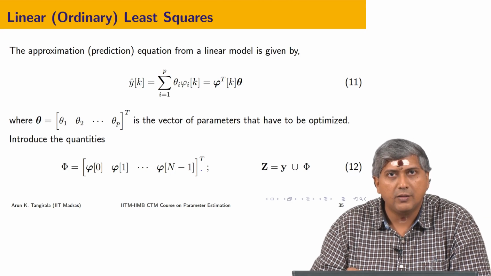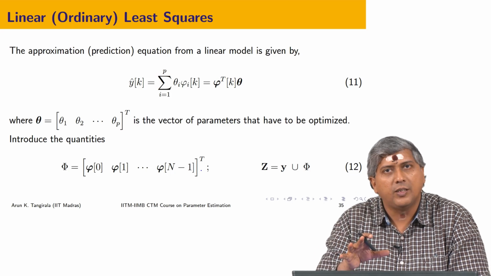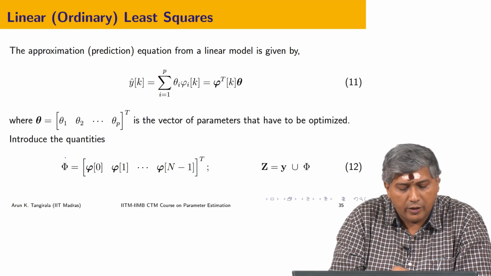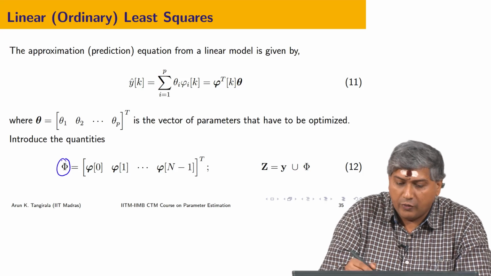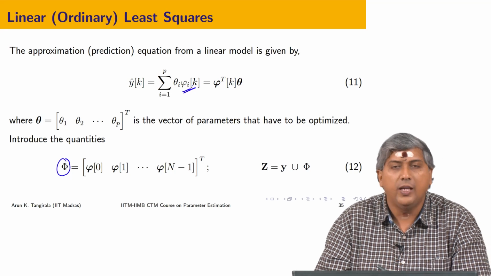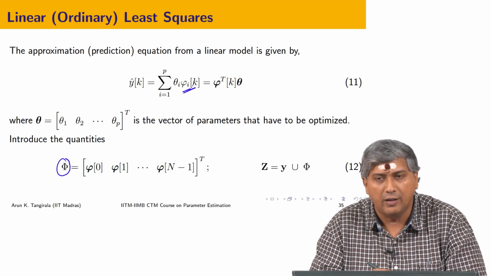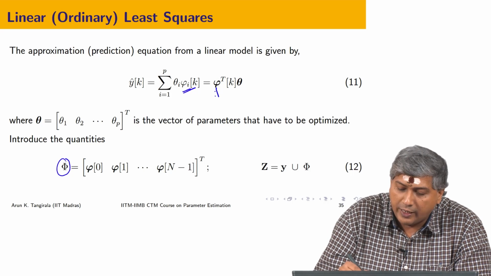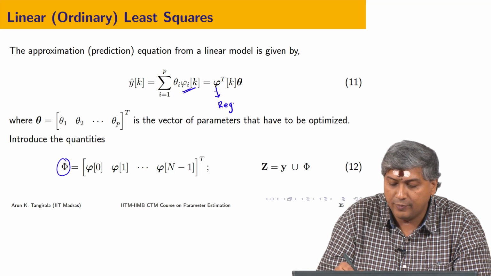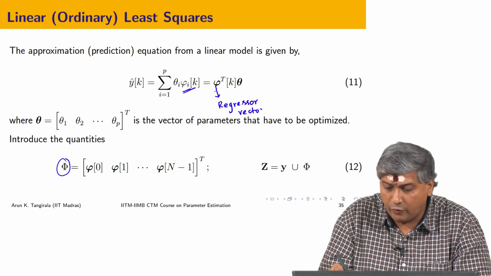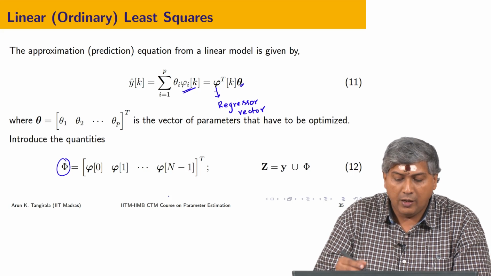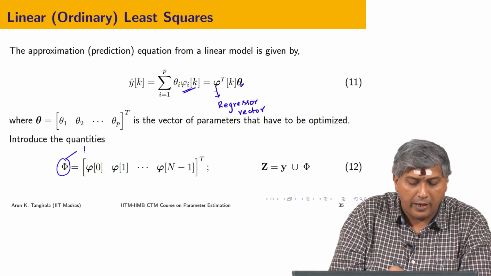For this purpose, to be able to write the optimization problem, it is also useful to introduce a matrix of regressors. So, we have started from a scalar, at every observation each regressor is a scalar, and then we introduced the regressor vector, and of course, the parameter vector as well, and now we are introducing the regressor matrix.